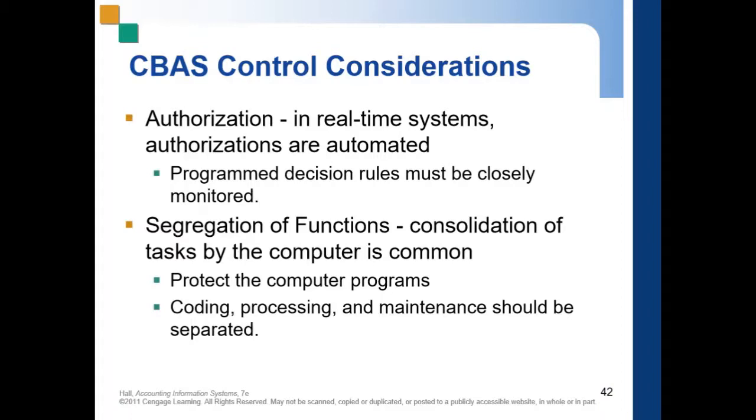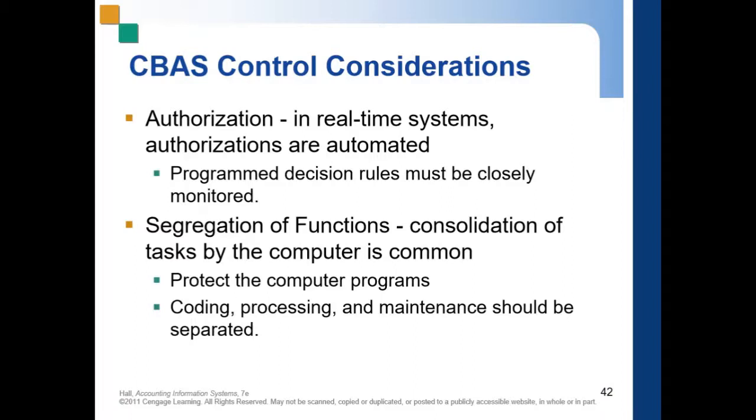Now for the segregation of functions, consolidation of tasks by the computer is common. Unlike in manual systems, where each function is done by a different person, here the recording is usually all in the system, so what you need to protect is the computer program itself.